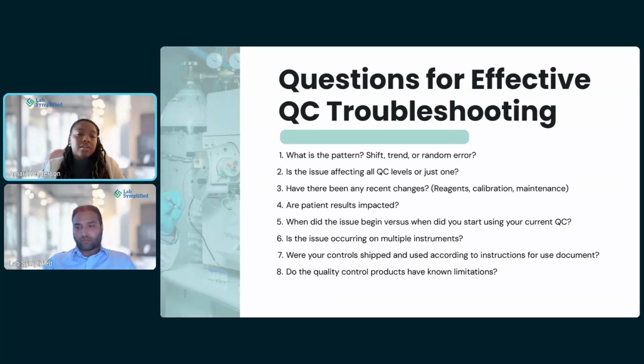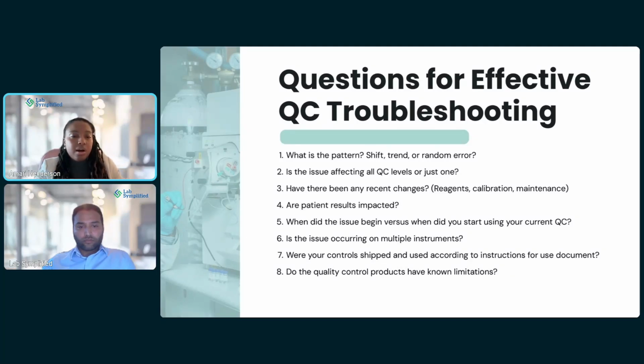You're handling your reagent appropriately. You're adding the appropriate volume of water to a certain product if that's required. You're mixing it appropriately. These things can all affect your QC results. So we just want to make sure we're handling controls appropriately, and handling reagents and calibrators appropriately.